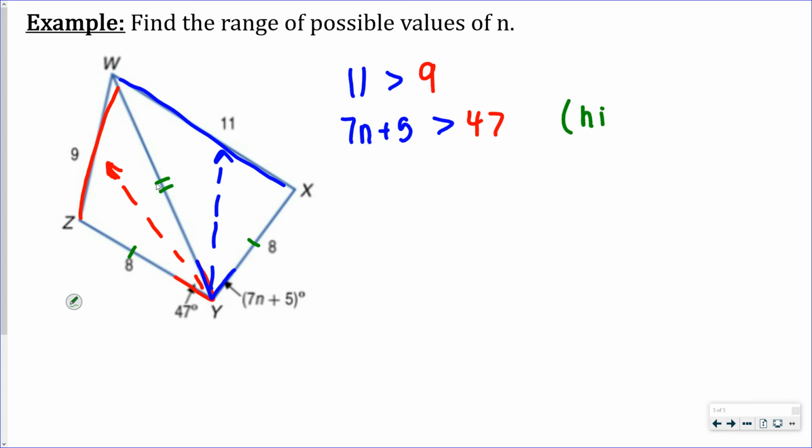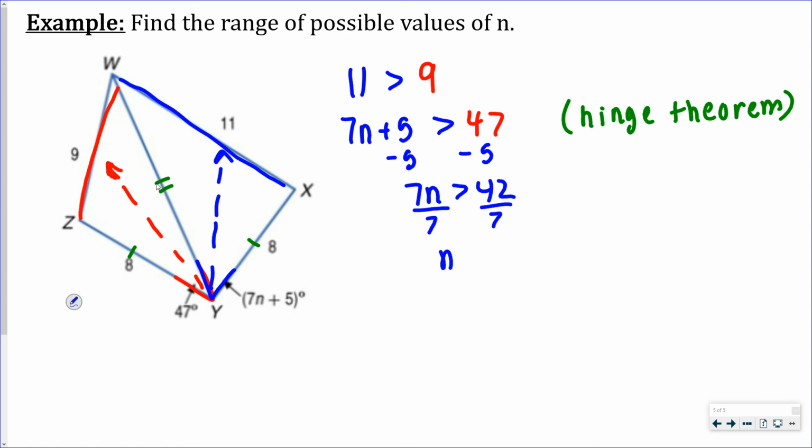Hinge theorem. All right, solve this quickly. Hinge theorem says the variable has to be greater than 6.